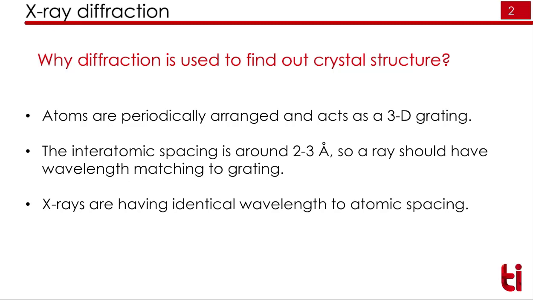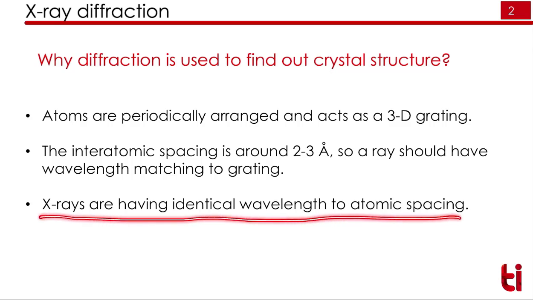The condition of diffraction is that the wavelength of the source should match the spacing of the grating, and here our condition is satisfied. That's why we use X-ray diffraction for crystal structure determination.